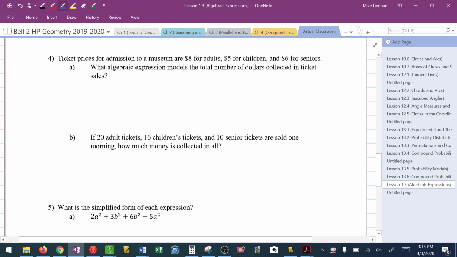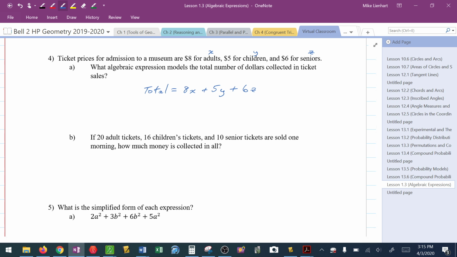So I'm going to say the total number of dollars would be the expression 8 times x plus 5 times y, using a different variable here, so let's call the children y, plus 6 times z. Okay? So x represents my adults, y represents my children, and seniors are represented by z. There's an expression to figure out my total.